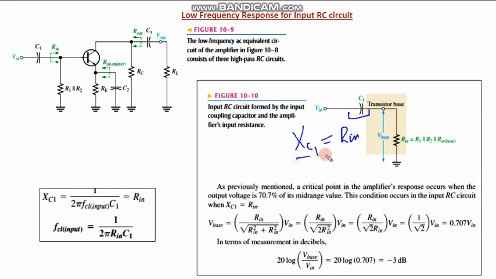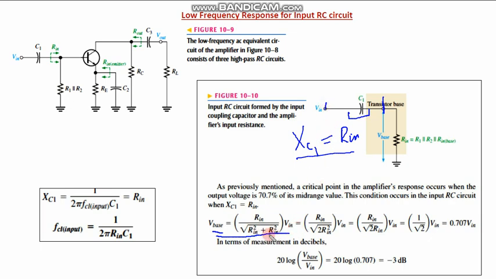So this is the case we discuss. This formula is a voltage divider formula, and basically this is V base, the voltage over here, and this is the voltage V in. So both are related by this formula.